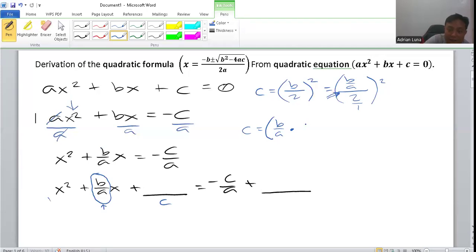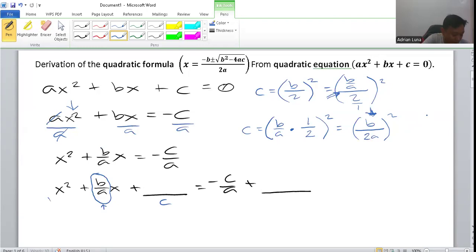Si 2 nasa taas dati, magiging sa baba na siya, and yung 1 na nasa denominator, magiging numerator. And squared natin. Then multiply lang natin lahat ng numerator. B times 1 is b, and a times 2 is 2a. And of course, square pa rin natin siya. Tandaan tong value ito because we're going to use that value later pag finactor na natin yung perfect square trinomial.